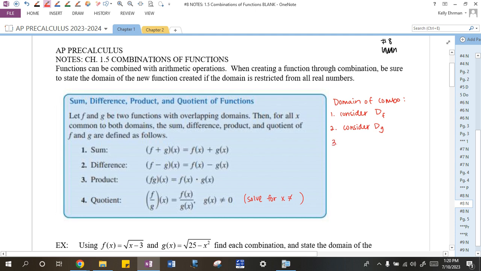Then in our final answer, we have to carry through those domain restrictions, whatever they are, and consider any overlapping domain for our final domain of the combination. We'll get into this more, but that could be like if f is x is greater than or equal to 0, and g is x can only be less than or equal to 10, well then our domain is 0 to 10 overall to satisfy both of them. Okay, so that was just an example.